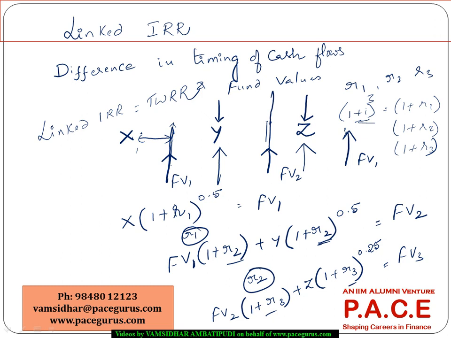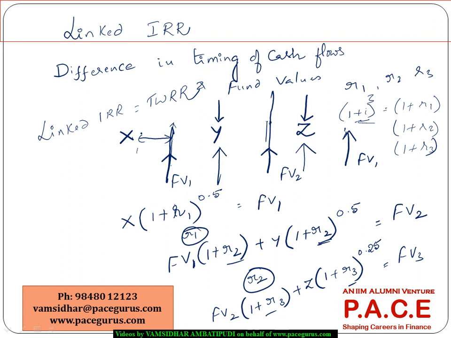Now what we can actually do is take up a few numericals associated with the money weighted rate of return and the time weighted rate of return. In what cases is one better compared to the other? When will one of them show a higher value compared to a lesser value? We can try looking at the various calculation aspects associated with money weighted versus time weighted rate of return.